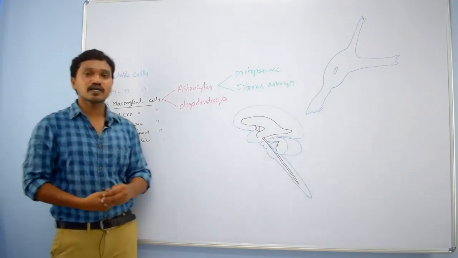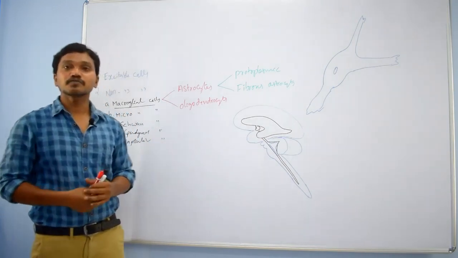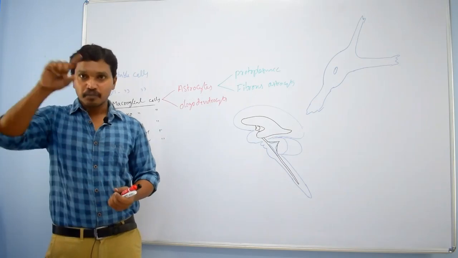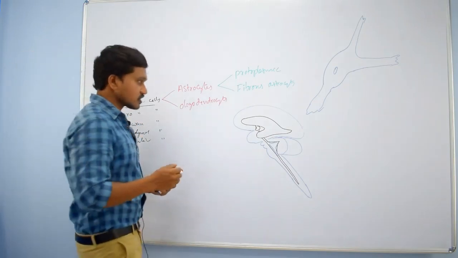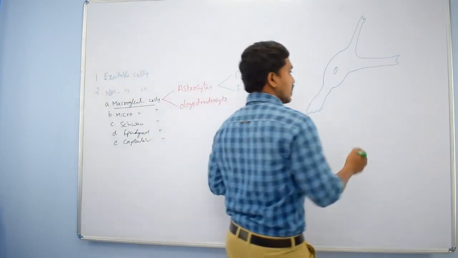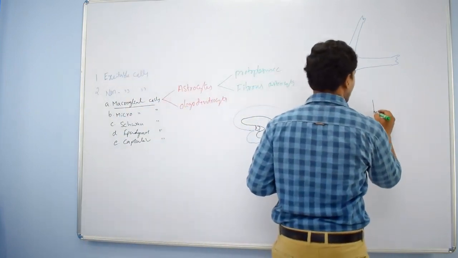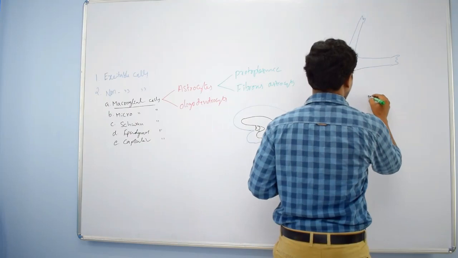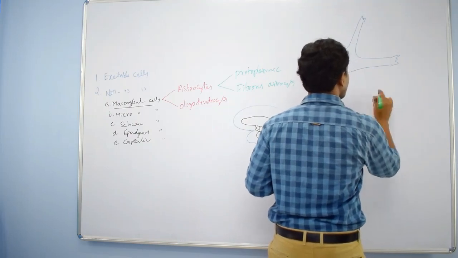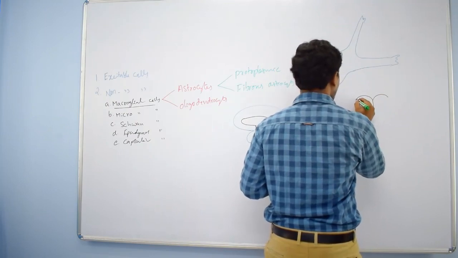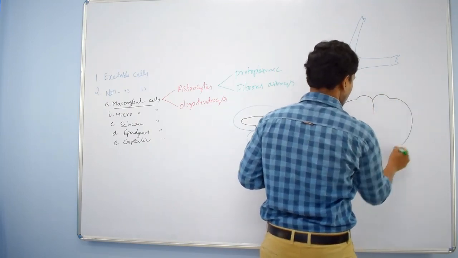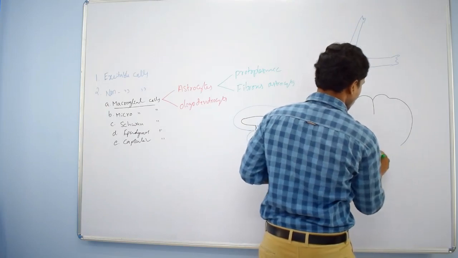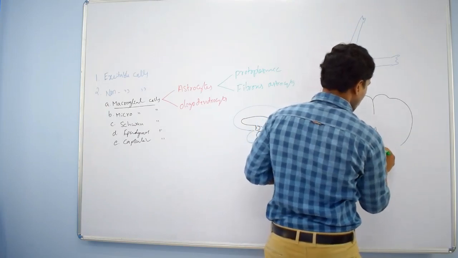Then, capsular cells. Capsular cells are present around the larger neurons. Where are larger neurons present? Larger neurons are present mainly in the dorsal root ganglion. In the dorsal root ganglion, cells are larger cells.